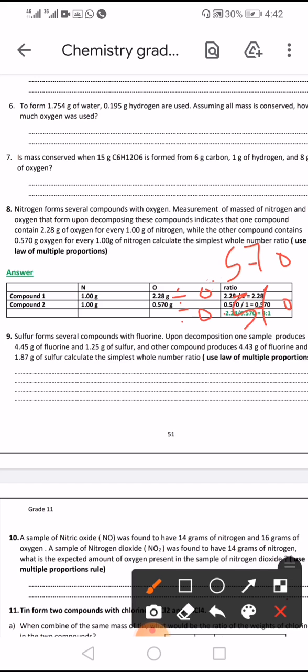So the answer will be 4 to 1. In the first compound the answer will be 4, and in the second compound 0.570 divided by 0.570 will be 1. So the ratio will be 4 to 1.